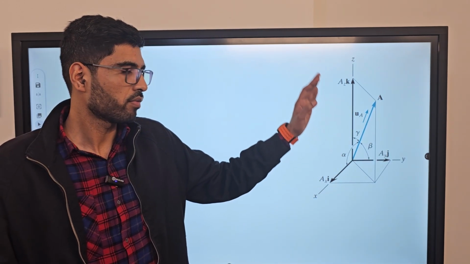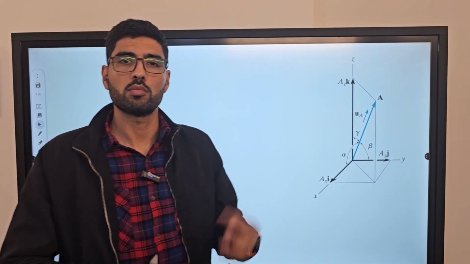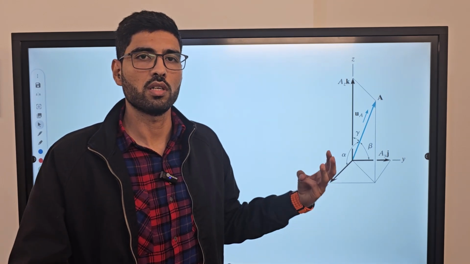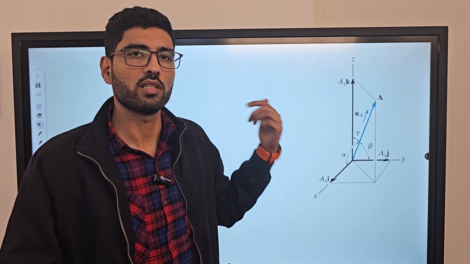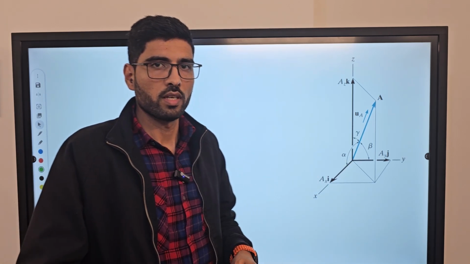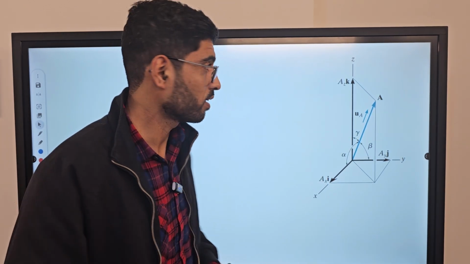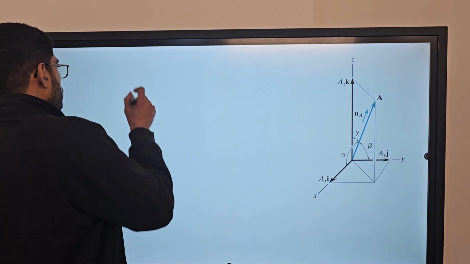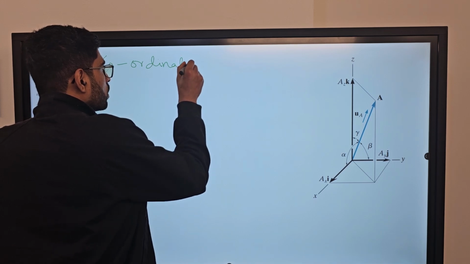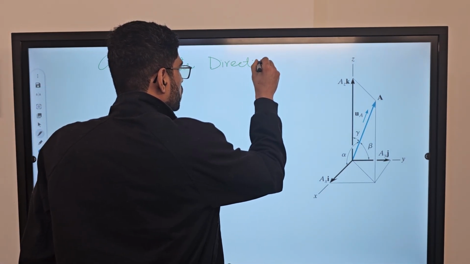The orientation of a given force or vector is given in terms of three angles, made with the corresponding axes, the angle with the x-axis, with the y-axis, and with the z-axis, and those angles are known as coordinate direction angles. So now we are going to discuss the coordinate direction angles.